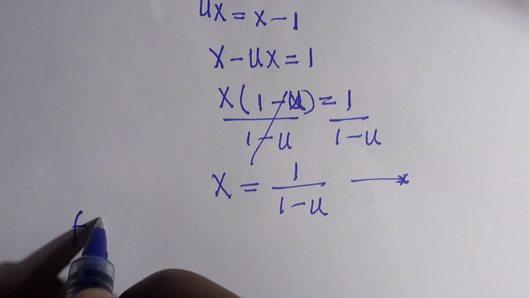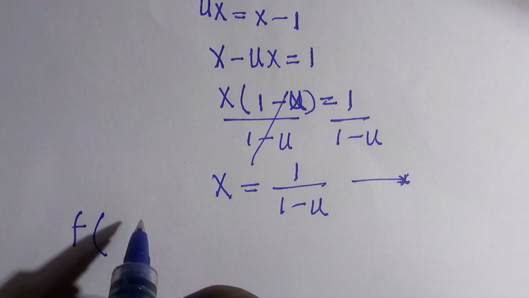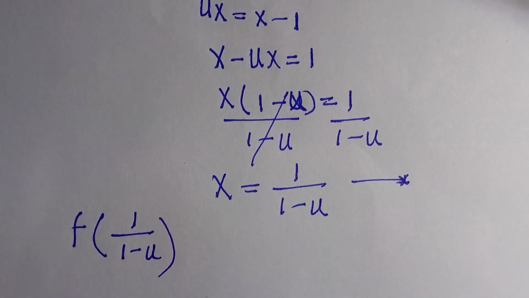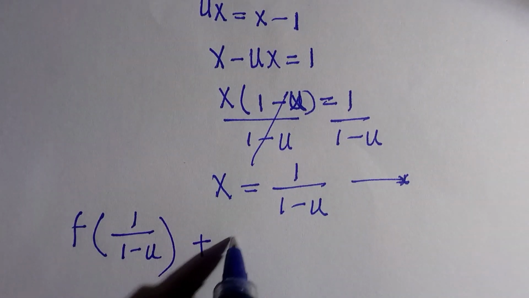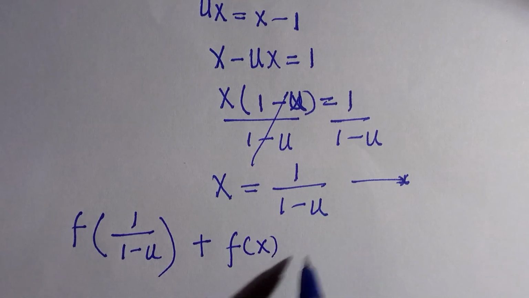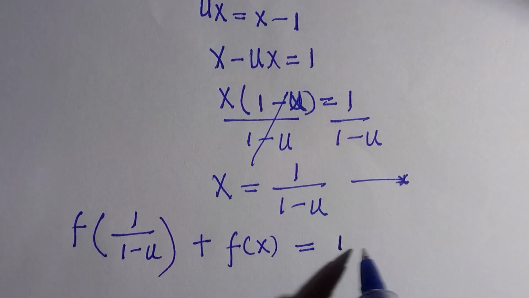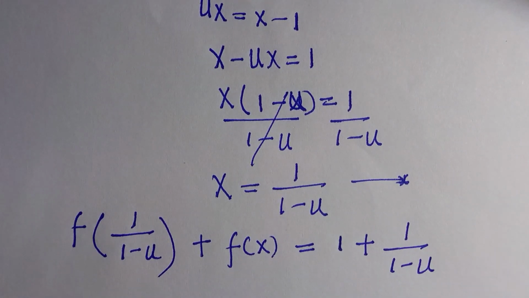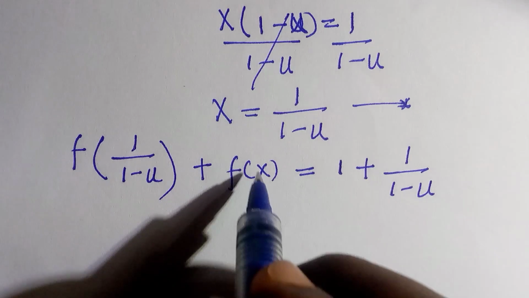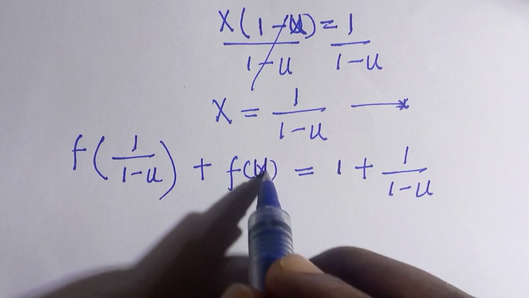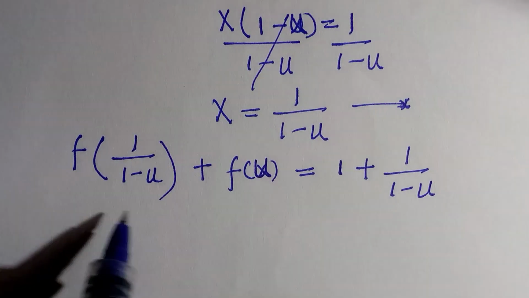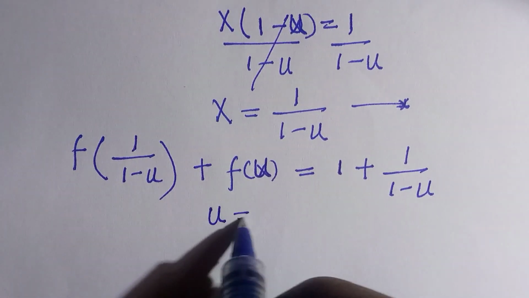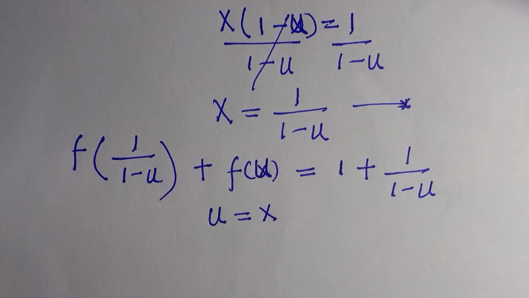Here we have f of 1 divided by 1 minus u plus f of x equals 1 plus 1 divided by 1 minus u. This x above should be u since I have let it already. Then I want to replace anywhere you see u with x.